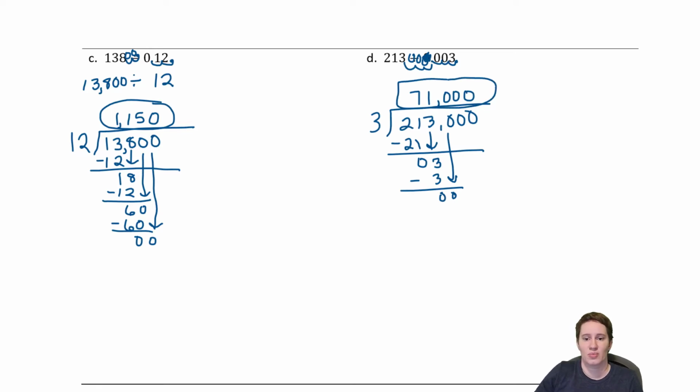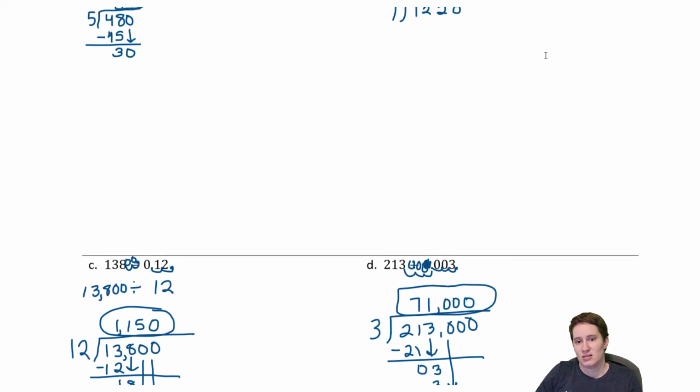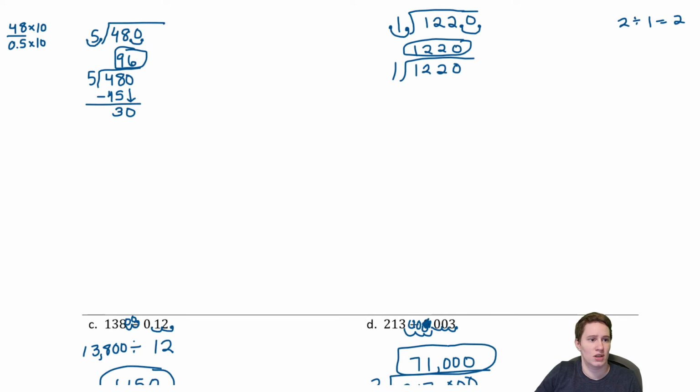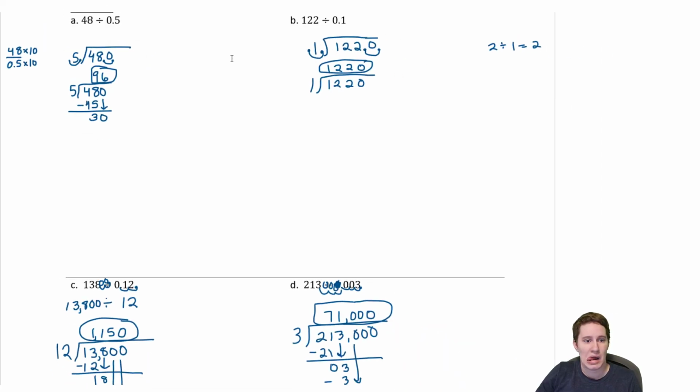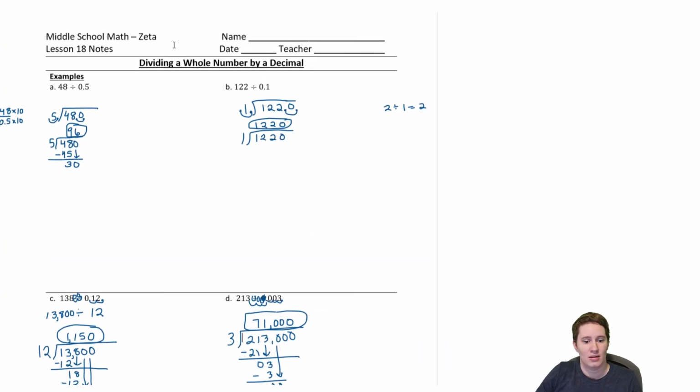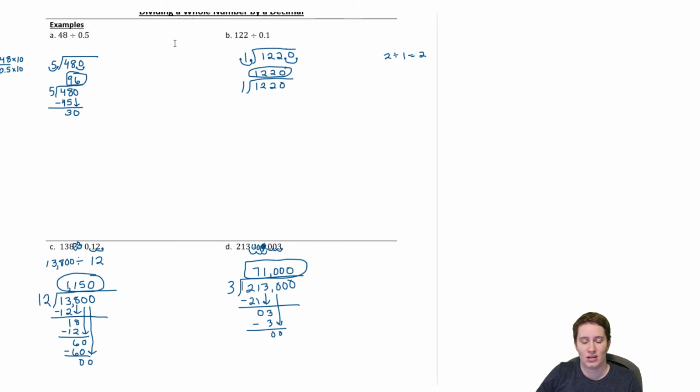Just real quick, let's look back at each of these. Each of our questions started off with a number divided by something that was between 0 and 1, a decimal number, and each of our answers actually ended up being bigger than what we were dividing into, because essentially we're being asked how many of these little bitty parts are there in this big number.